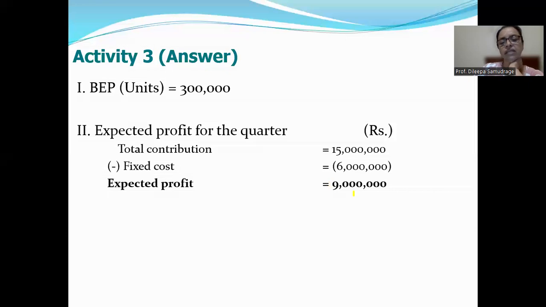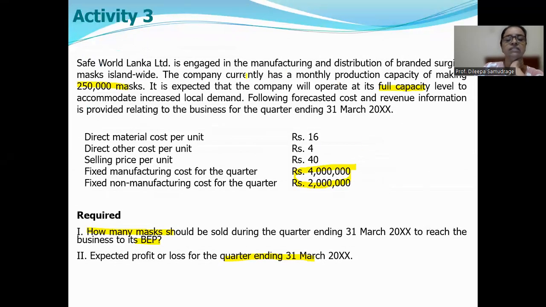I didn't get any answer of 9 million. Total contribution is 15 million. How did you get that one? Monthly production is 250,000, times 3 gives the quarterly production. You multiply that by the contribution per unit, which is 20, since selling price minus direct cost gives contribution per unit.